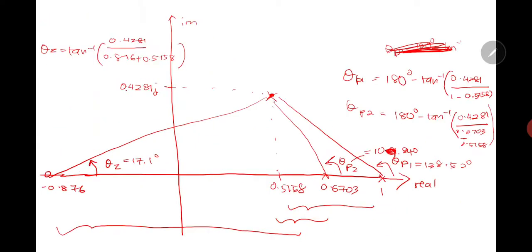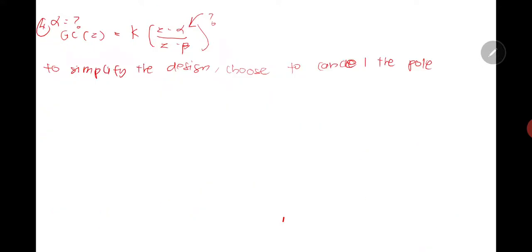If we look here, there are two poles of the system, 1 and 0.6703, and we can choose any one to cancel. Let's say we cancel 0.6703. If we choose to cancel the pole at 0.6703, this means that alpha equals 0.6703.